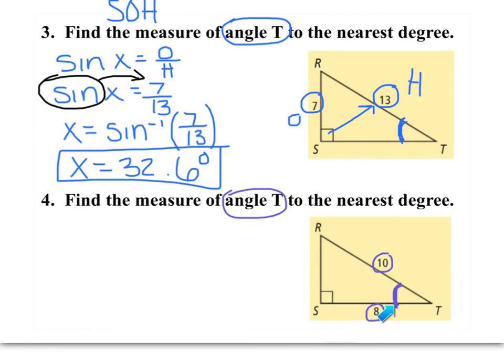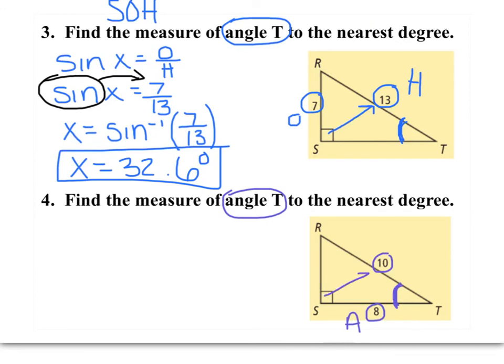The word adjacent is the vocabulary term that we are looking at in this section that talks about being next to or touching. So I know that my 8 has to be the adjacent side because it actually touches the reference angle.